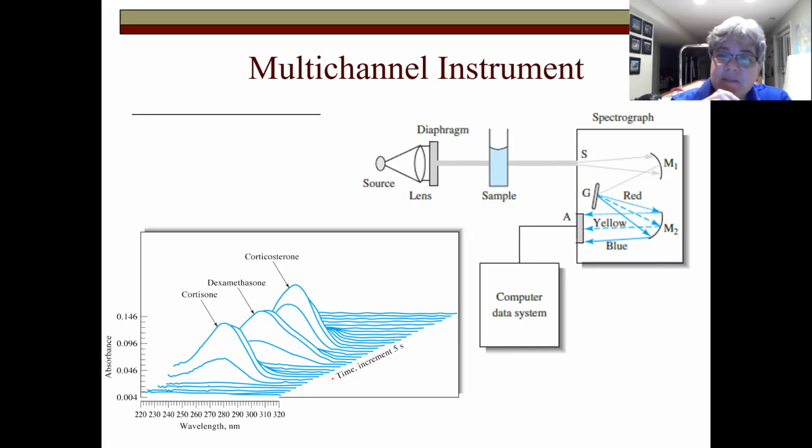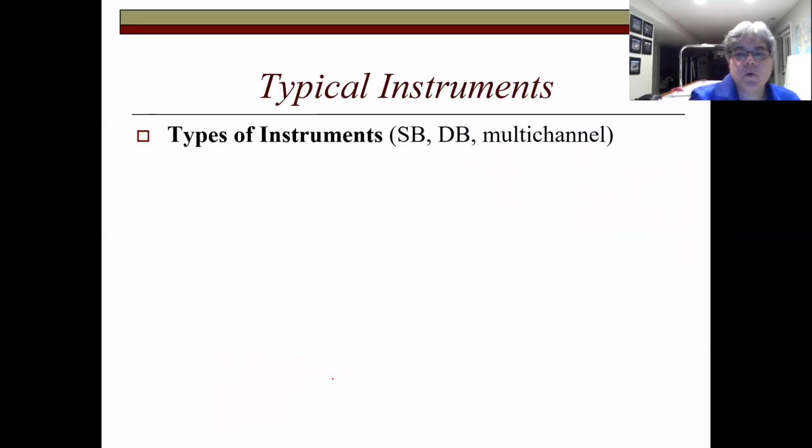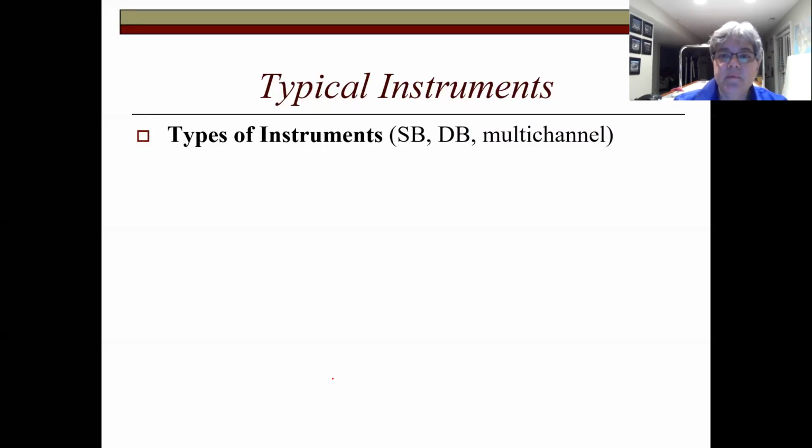Usually not, because these measurements are so fast, the instrument really doesn't have time to drift. Okay, so it is single beam, but usually we don't have to worry much about drift because these are very fast measurements. Okay, so we've now looked at the different types of instruments, the single beam, double beam, and multi-channel.